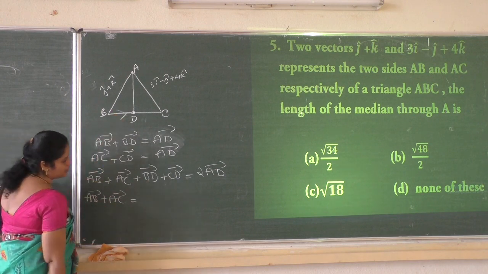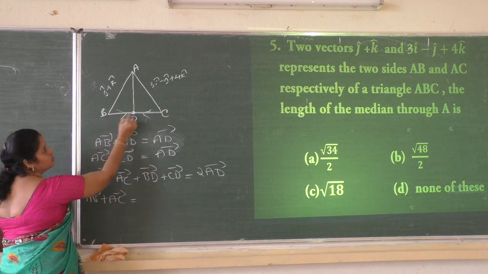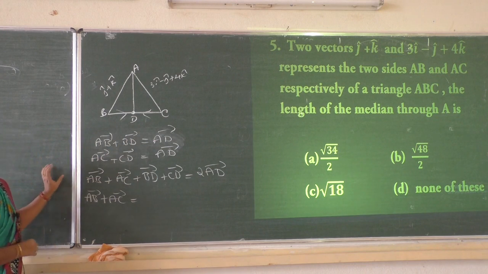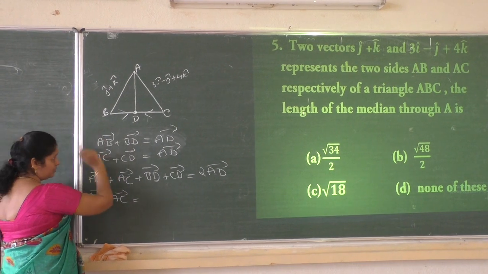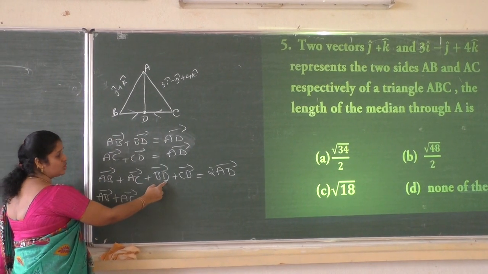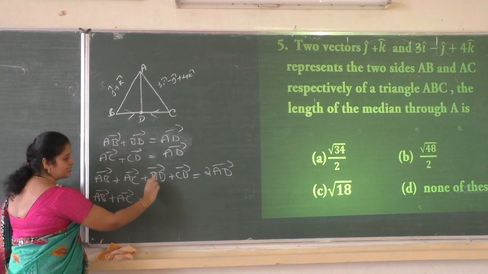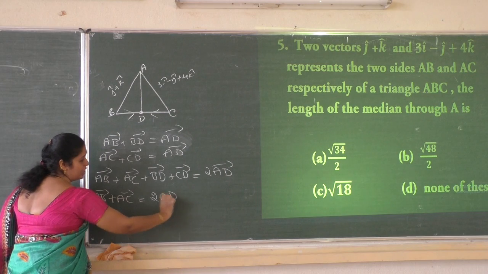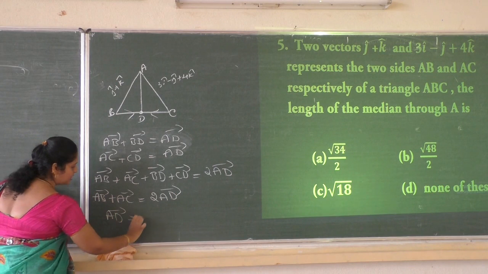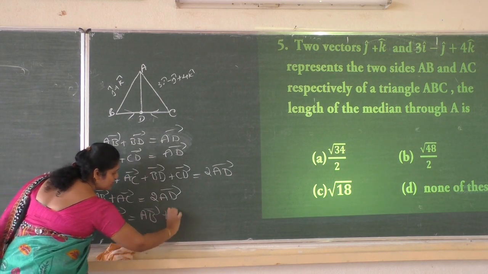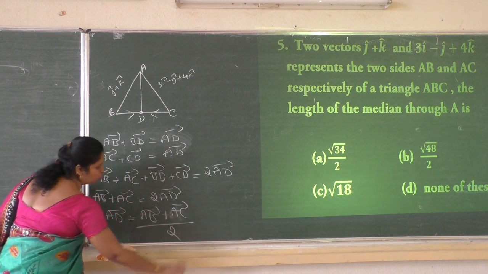Vector BD and vector CD have opposite directions, but since D is the midpoint, BD equals CD in magnitude. Two vectors having the same magnitude but opposite direction, so we can write vector BD is minus vector CD. So vector CD minus vector CD is the null vector, leaving 2 times vector AD. So you get the formula for vector AD: vector AB plus vector AC divided by 2.